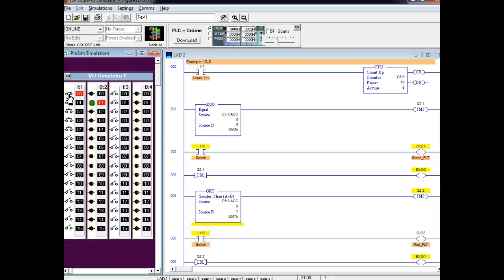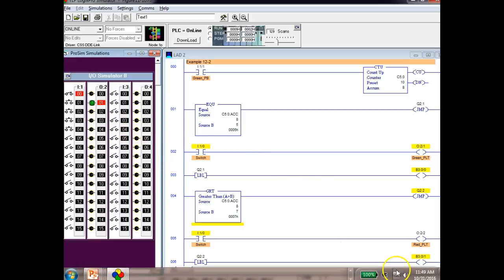And like I said, we could do this with ANDs and ORs and contacts out here, or we could come in and do it with one instruction like this. So a conditional jump would only occur if the condition that it checks for is true.